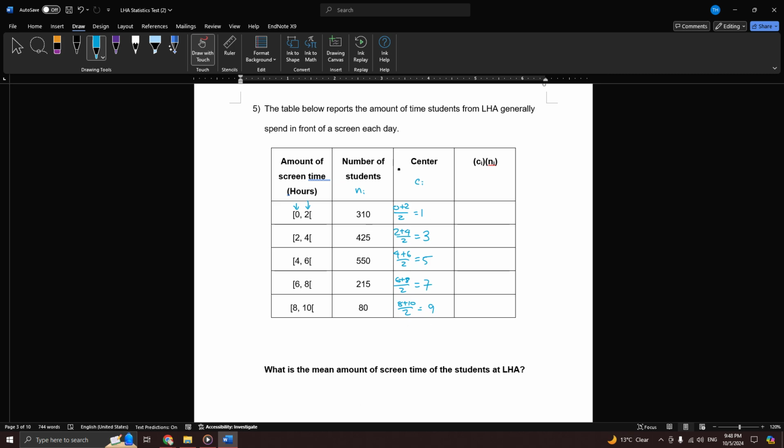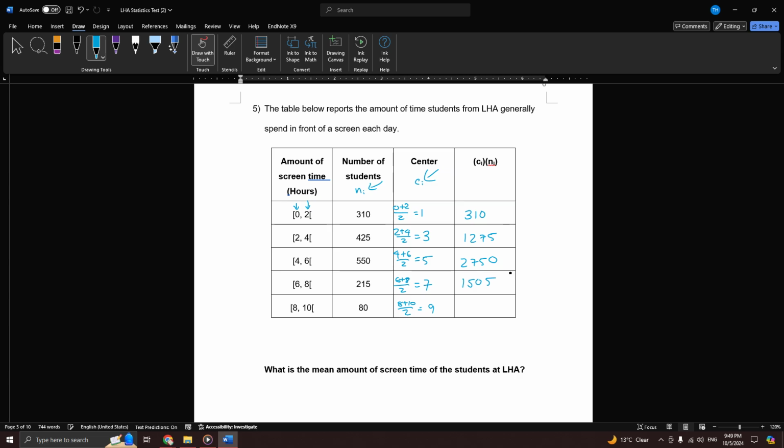Now, CI NI, we're going to take our CI multiplied by our NI. So 1 times 310, that's just going to be 310. 3 times 425 is going to be 1,275. 5 times 550 is 2,750. 7 times 215, that's 1,505.